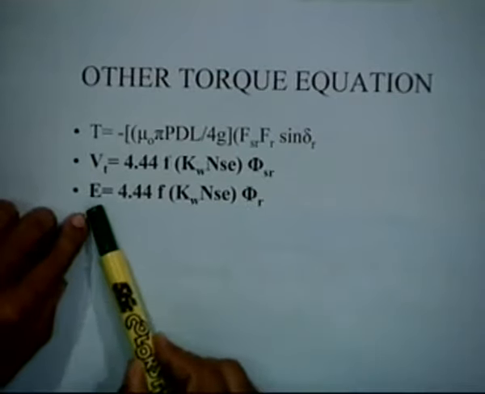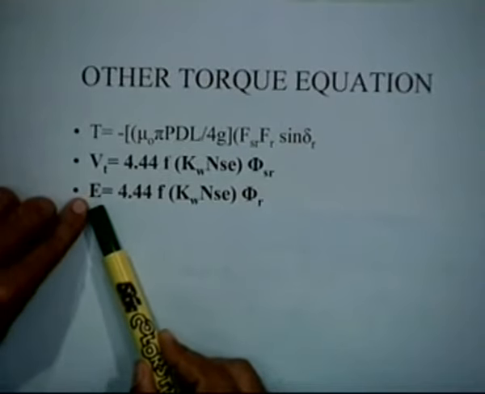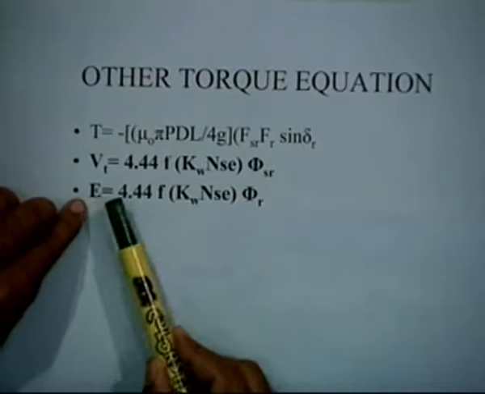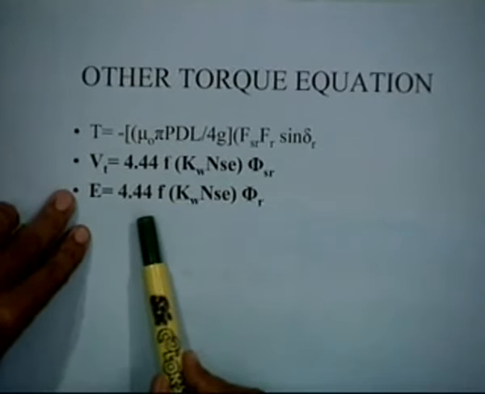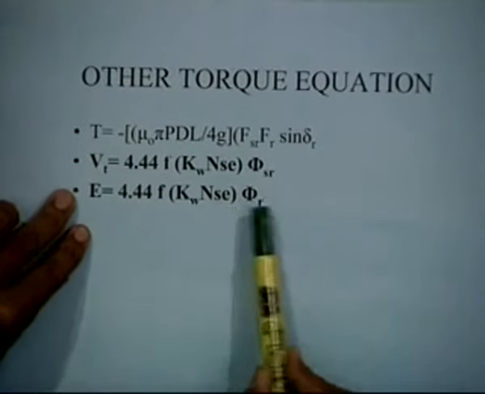So that is E. This E is called the no load voltage or open circuit voltage. Once the generator is open circuited, this voltage is induced. This is when it is connected to the terminals. This is 4.44 F into the same kWNSE into phi R.